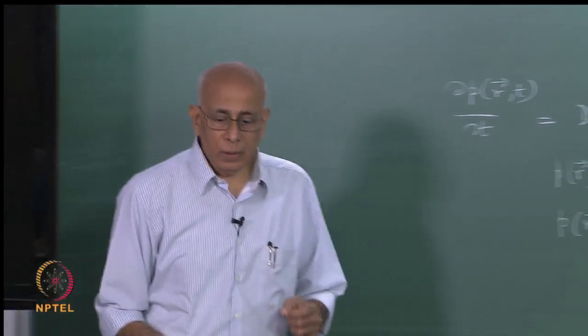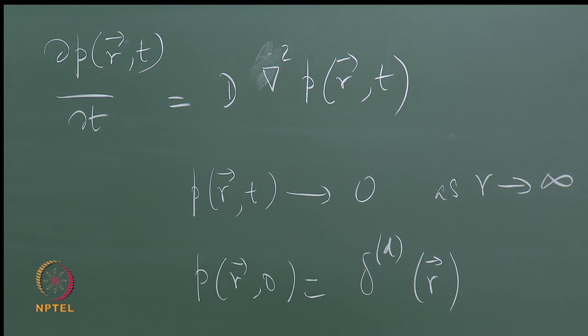So a particle starts at the origin, undergoes diffusion, and the question is what is the probability density.